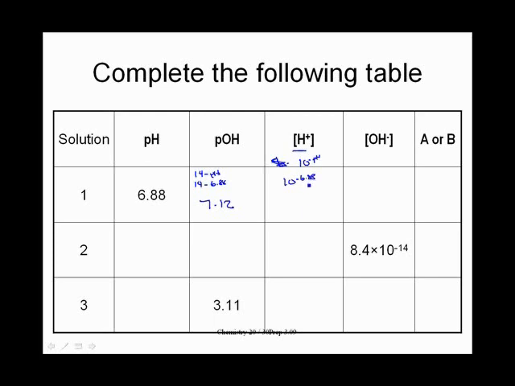And we get 1.3, and since we have two significant digits, that's all we're going to use. 1.3 times 10 to the negative 7. For the concentration of hydroxide ions, well, this is 10 to the negative pOH. And so it's going to be 10 to the negative 7.12.